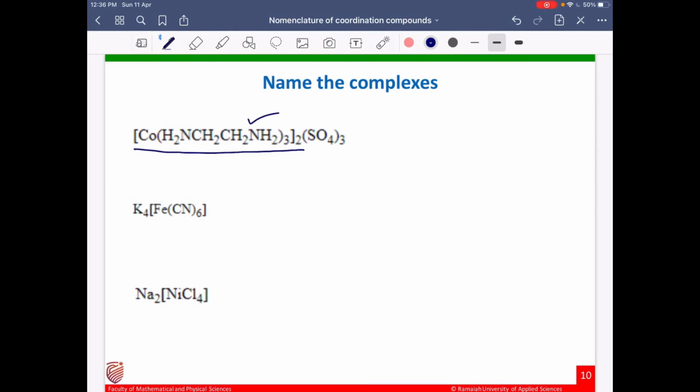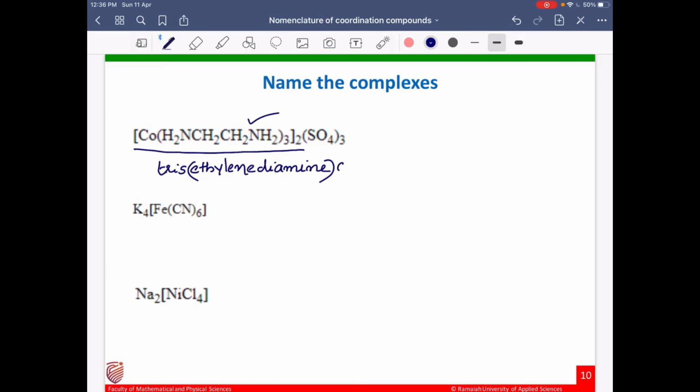Only one ligand is present, that is ethylene diamine. Three ethylene diamine is there. Since ethylene diamine has denticity more than 1, it should not be tri, it should be tris. So tris ethylene diamine. Close it. So we finished the ligand part.